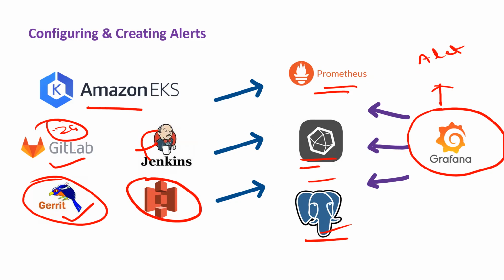Whenever something is down or something is going wrong, we used to get alerts so that we can take corrective actions as soon as possible, so that developer productivity or infrastructure cost is not wasted. I was part of this as well, configuration of reading the data from different systems, creating alerts, creating dashboards. So these are the activities that I worked on in this particular configuration and creating alerts.